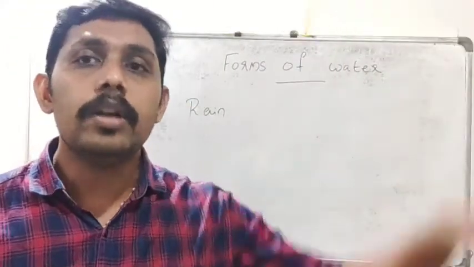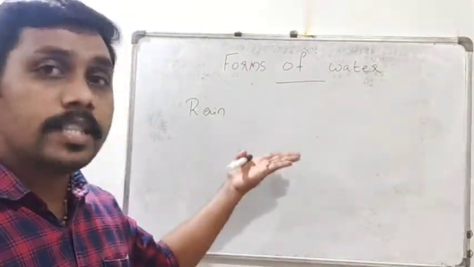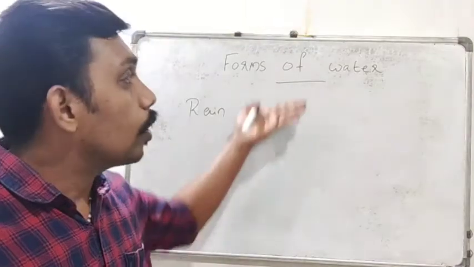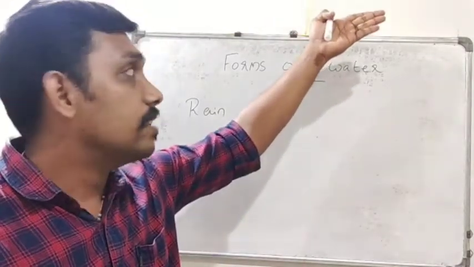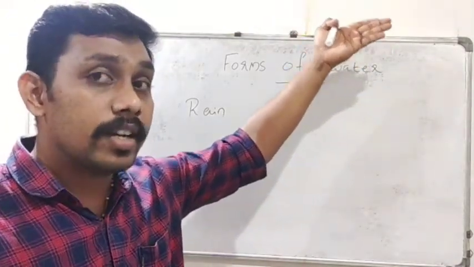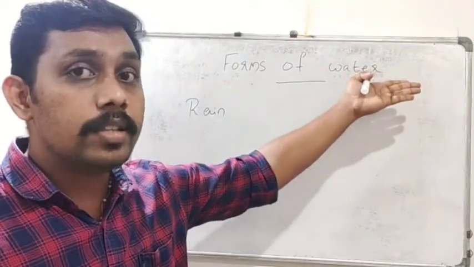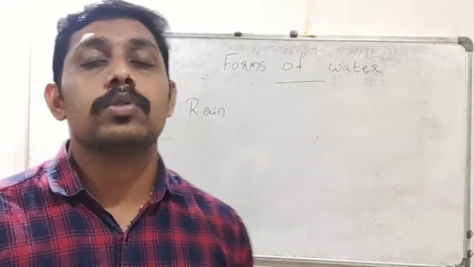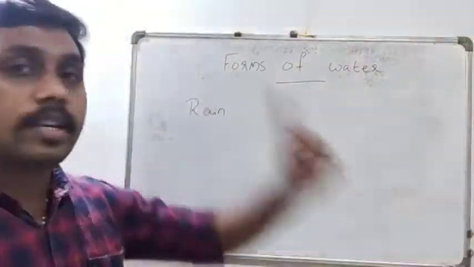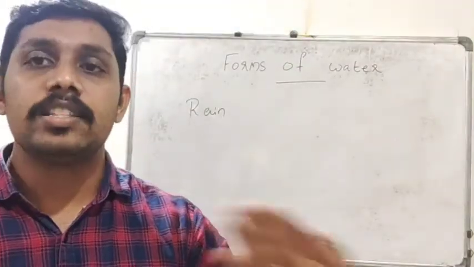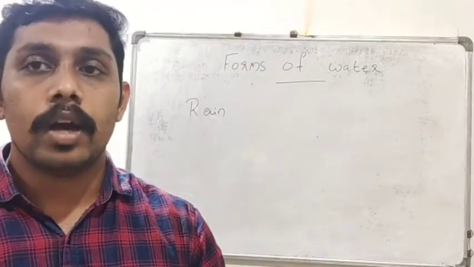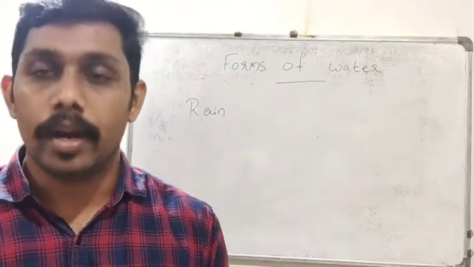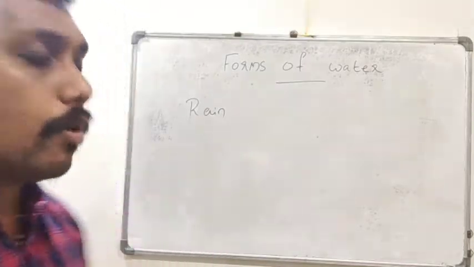Water from the ocean goes up due to the heat, then cools and condenses into water droplets and comes to the earth. So rain is due to the water cycle. That is the first form of water.